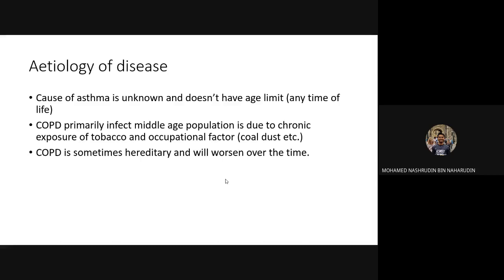Apart from that, there are non-controllable factors as well that could potentially affect a patient, which is heredity. And for this illness, particularly COPD, it will worsen over time. It will become more and more severe throughout time.